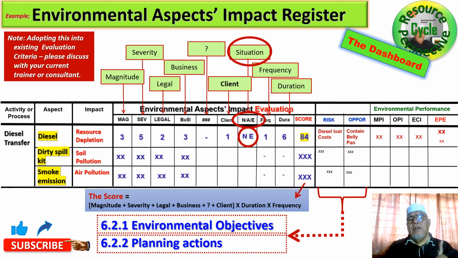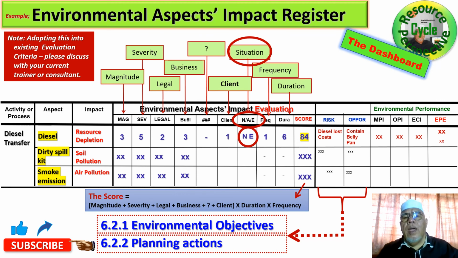It doesn't belong to us, it belongs to the contractor. So the presence of diesel in this company is only in normal and emergency situation. I hope you got it.